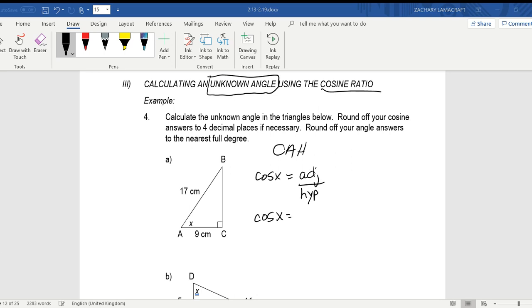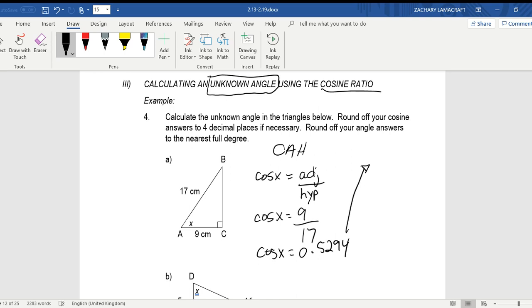And if we were to fill this in, can somebody help me with what the adjacent side would be and what the hypotenuse would be, just in the chat? Awesome. So if we look at that, we know that the adjacent is 9 and the hypotenuse is 17, I apologize. And if we divide both of those numbers, we will get cos x is equal to 0.5294.